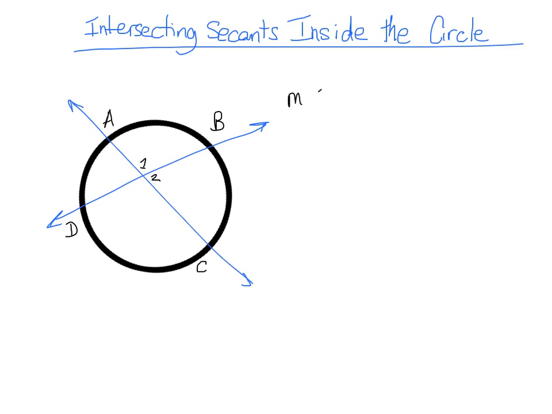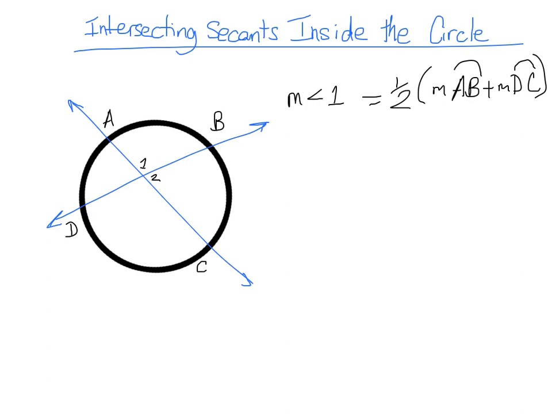So the measure of angle 1 is going to be equal to half the sum of the intercepting arc, so the measure of arc AB, and that vertical arc, the arc that's across, so plus arc, measure of arc DC.